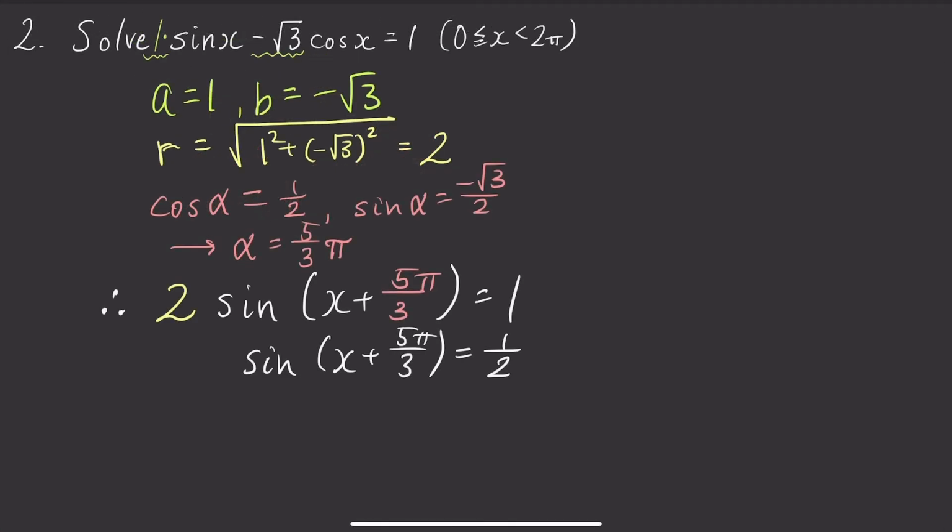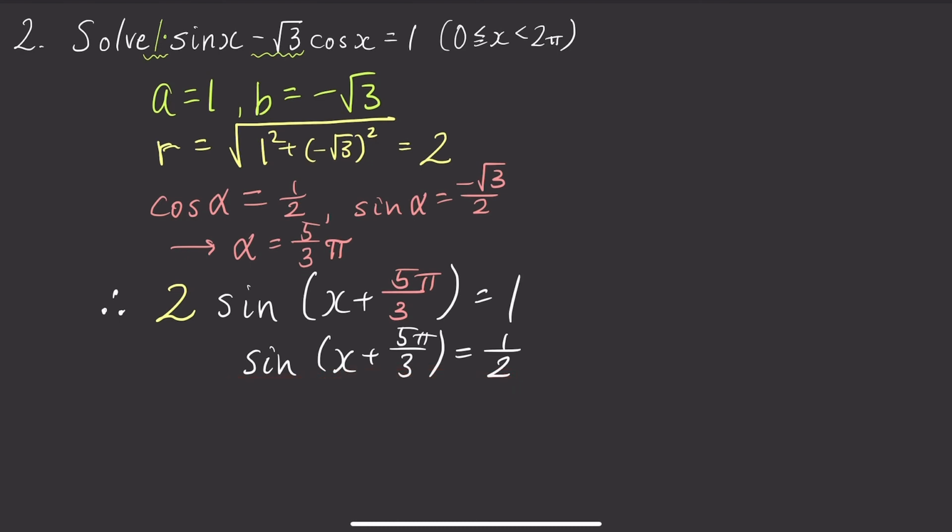Now that we know r and alpha, we can combine the left-hand side into one trigonometric function, 2 times sine of x plus 5 pi over 3 equals 1. And we divide both sides by 2, and we get this equation.